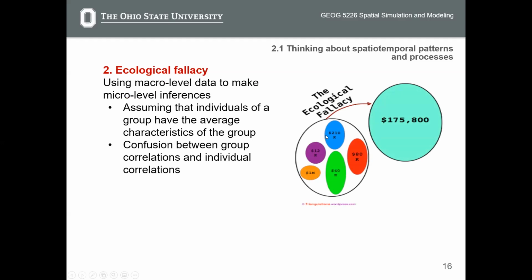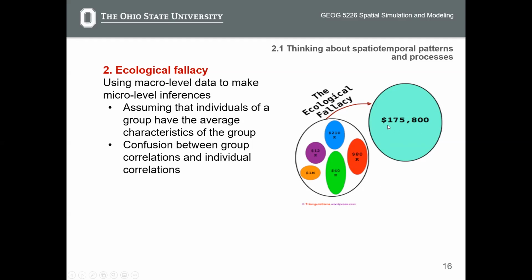So there is a huge difference between their annual income, and the average value of their annual income is $175,800. This is the average value, which means this conclusion is based on this whole group.